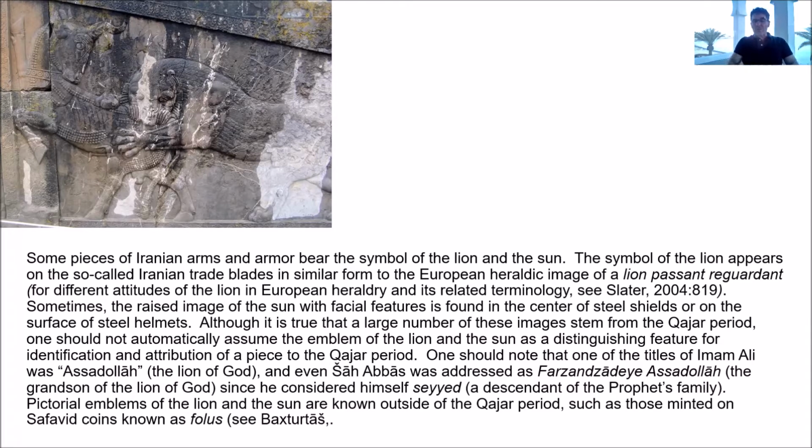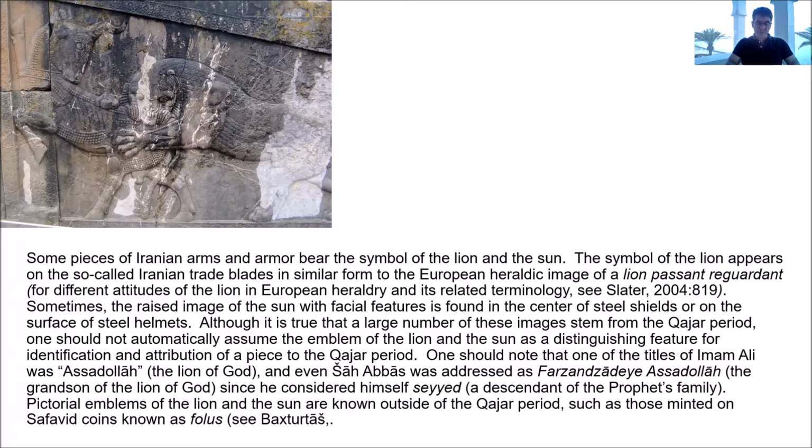But we need to understand that before I published my first book, Arms and Armor from Iran, in 2006, many people believed that these arms and armor and these images of the lion and the sun, and also the sun, come automatically from the Qajar period. But I already proved that it's not the case.